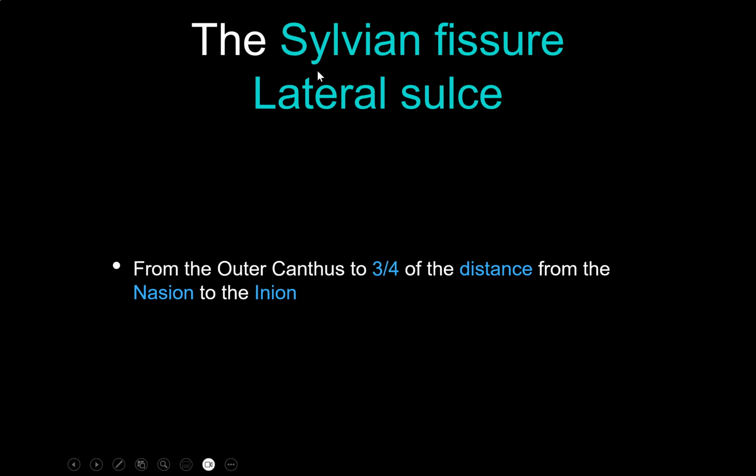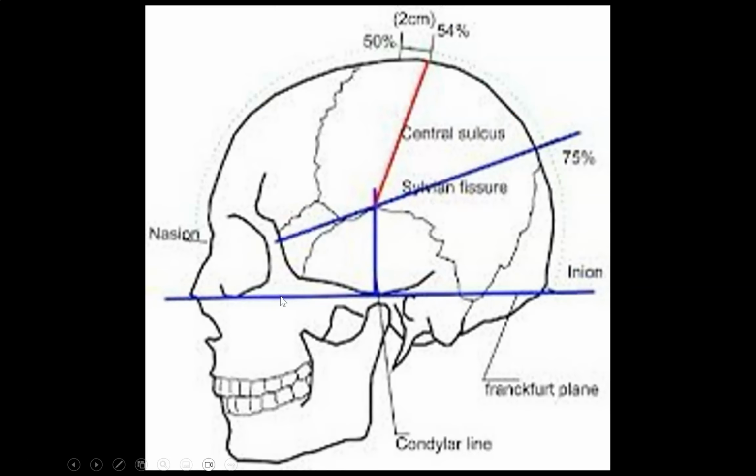So what about the sylvian fissure or the lateral sulcus? It is a line extending from the outer canthus of the eye to 3/4 of the distance from the nasion to the inion. That's why you have to know where is the nasion and where is the inion. So again, this is the nasion, this is the inion, and this is 50% the distance.